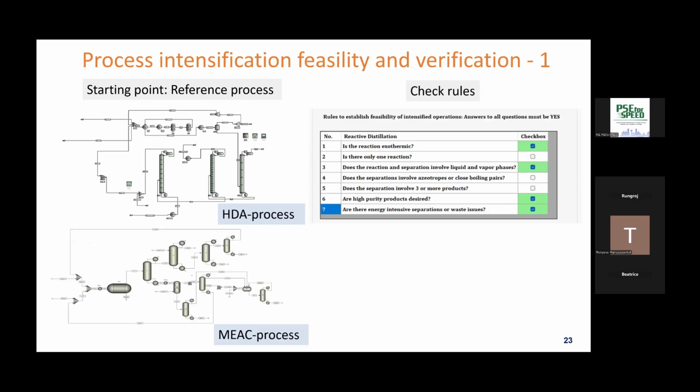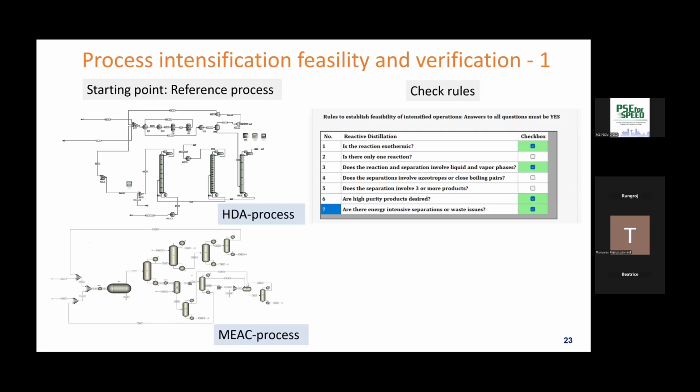On the other hand, if we take the methyl acetate production, methanol plus acetic acid reacting to give methyl acetate and water, this is the flowsheet that has been built, the Eastman Kodak process from the 1960s, I think.